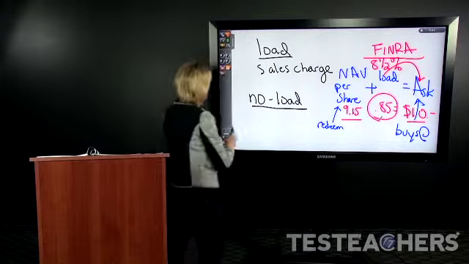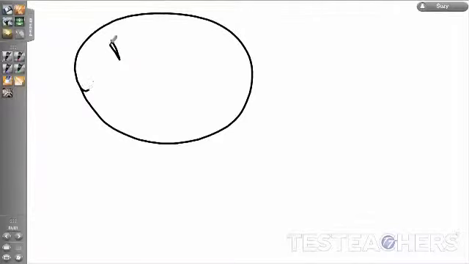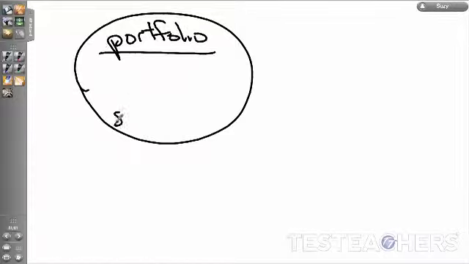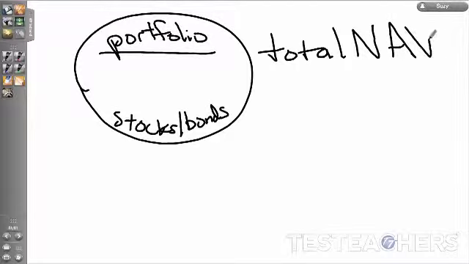We talked about this idea that all of these assets within the portfolio, they are valued at their current market value. So the stocks and the bonds are valued at their current market value. So that the value of everything in the portfolio, that is total net asset value.